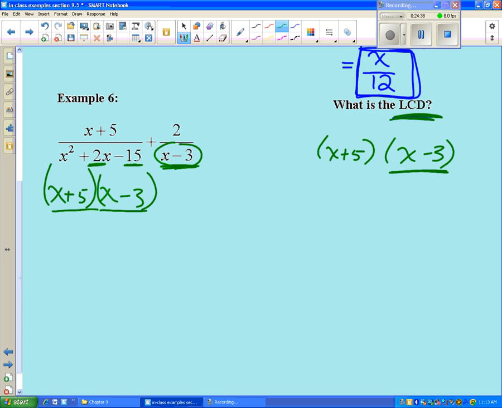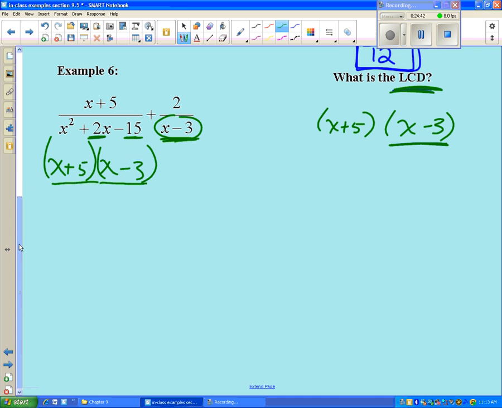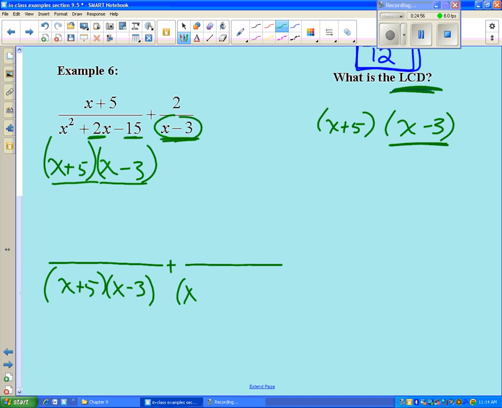So that is in my LCD already. So let's go ahead and move to my least common denominator. I need an x plus 5 and an x minus 3 plus, and this needs to be an x plus 5 and an x minus 3.